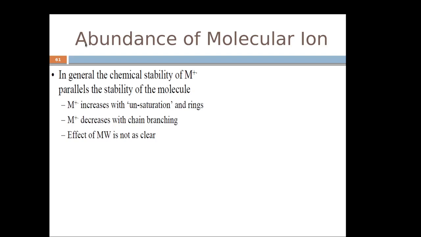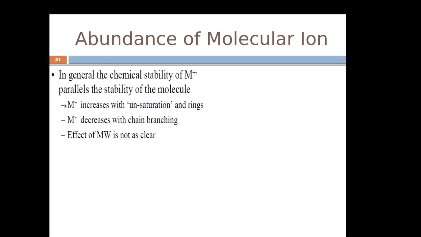The abundance of the molecular ion peak depends on factors such as the molecular structure. The intensity of the molecular ion peak increases with unsaturation and rings in the molecular system, because with more unsaturation or more rings, it is difficult to fragment the molecule into smaller fragments.